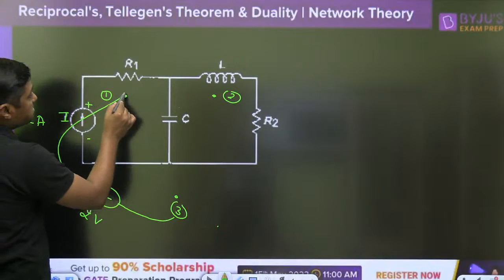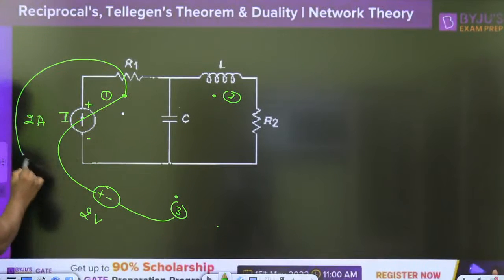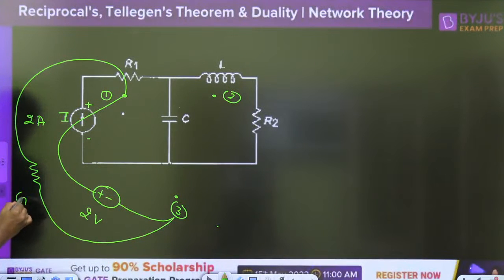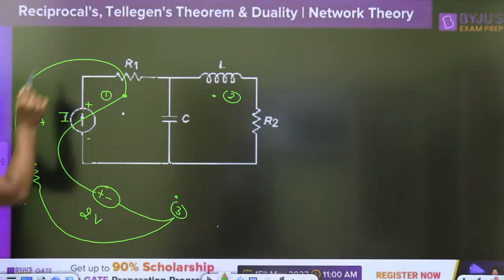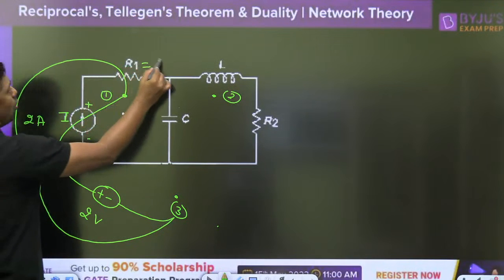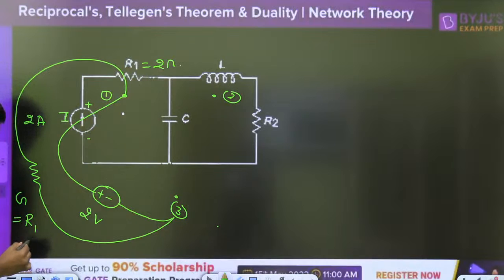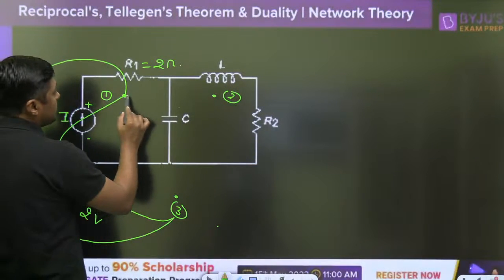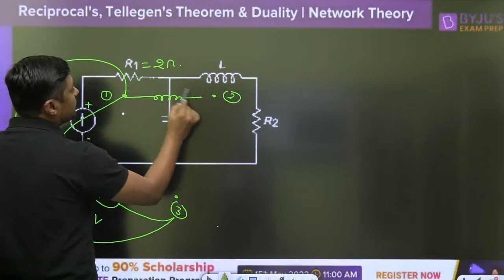Now this is the resistor. It is converted into conductance, G, and the value of G is the same. For example, if it is 2 ohm, that will become 2 Siemens, 2 mho. This is not a resistor, this is the conductance, 2 mho. Then this capacitor is converted into an inductor.